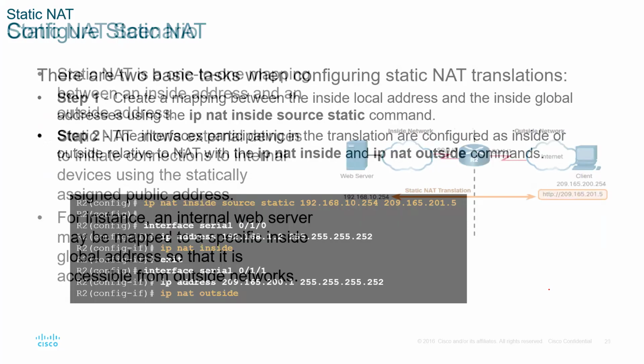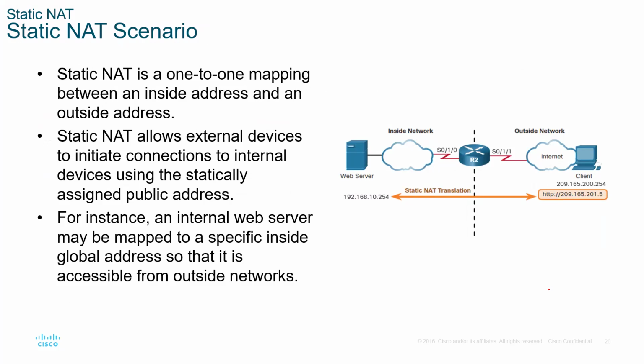Now, configurations. I think this is more of a deeper dive to static NAT. One-to-one mapping, we've discussed that, allows external devices to initiate connections. This is the only type of NAT which allows external devices to initiate connections. So this one, that's an external device. It can initiate a connection. This one obviously can initiate a connection.